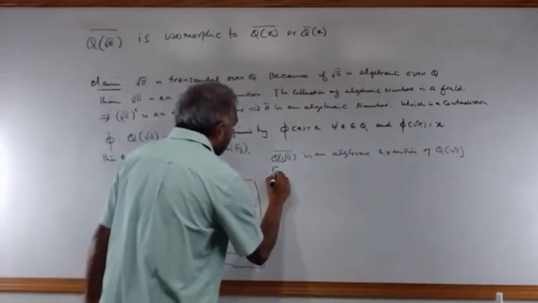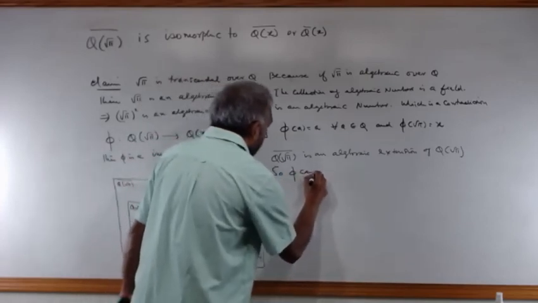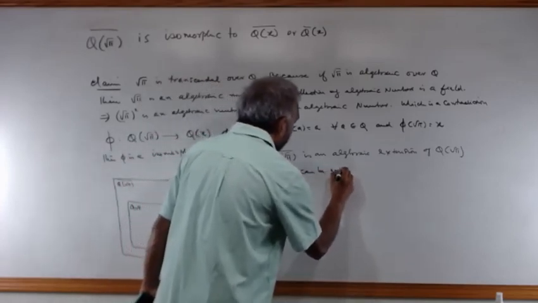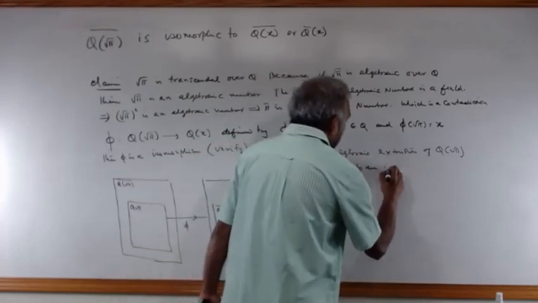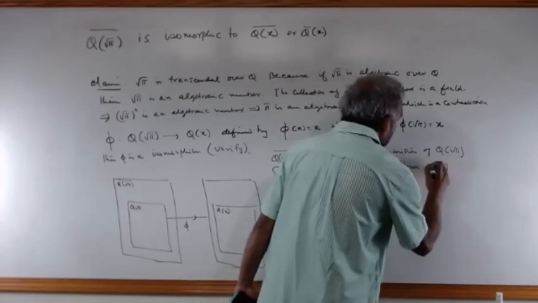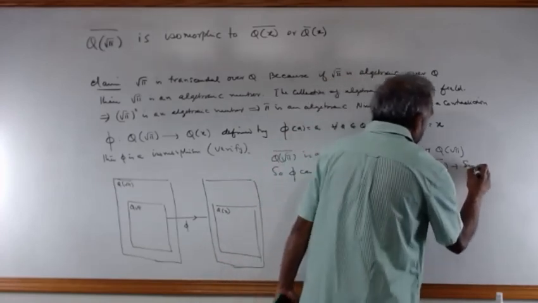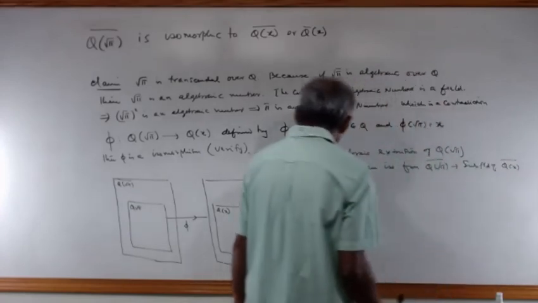So phi can be extended to an isomorphism from Q of root pi closure to a subfield of Q of x closure.